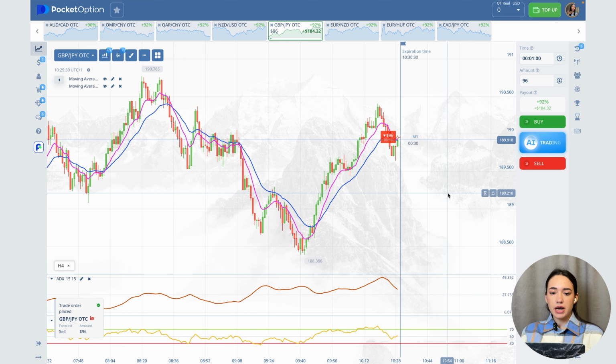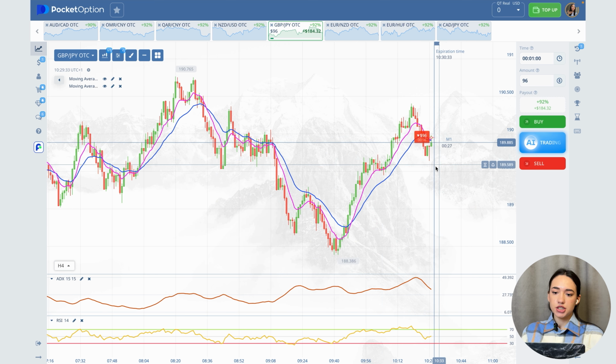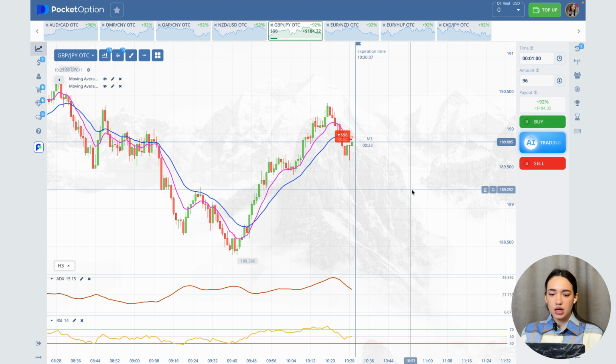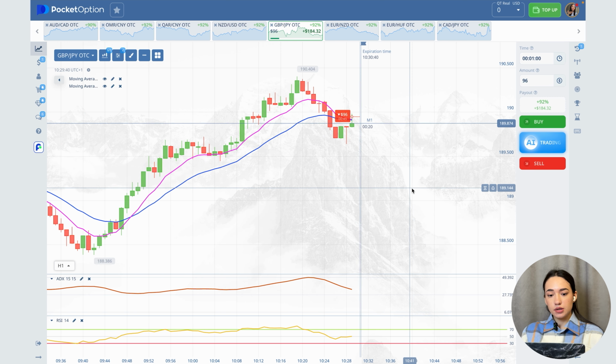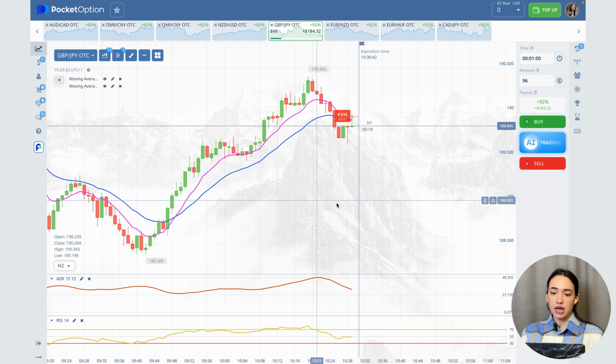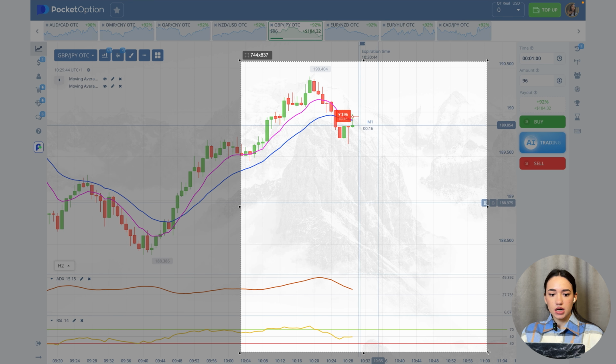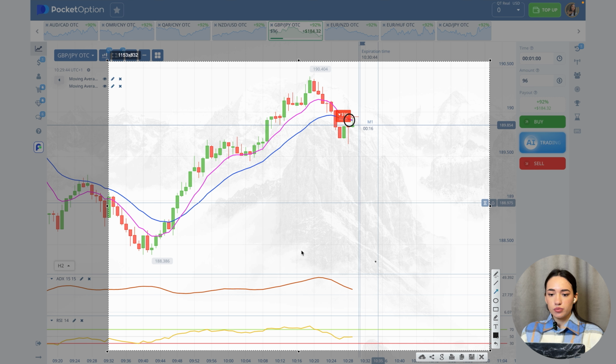Okay, here I'm expecting the price to continue moving downward. So I open a sell position. There is already a signal from the moving averages and they have crossed over. We saw a pretty strong upward impulse earlier, but now there is a clear reversal, confirmed by the moving average crossing.